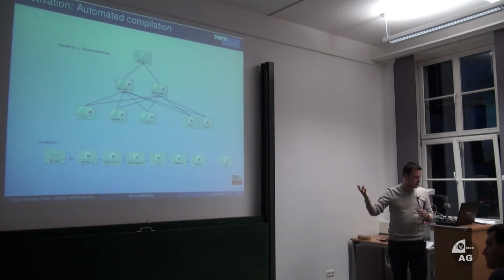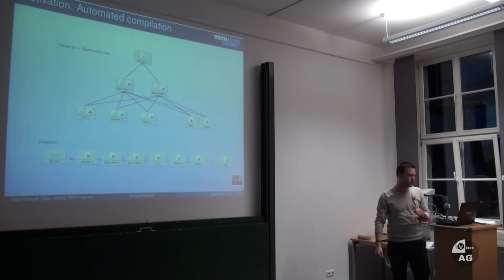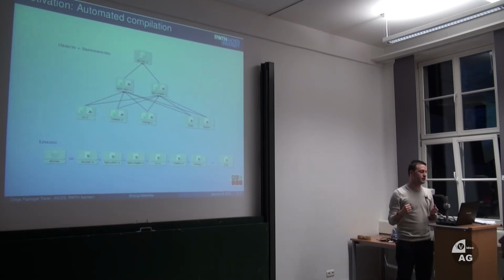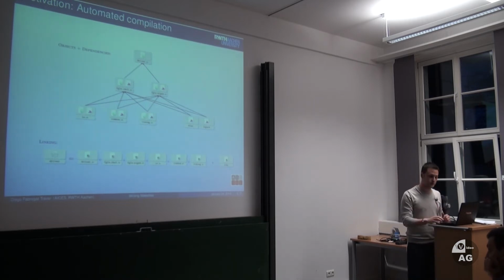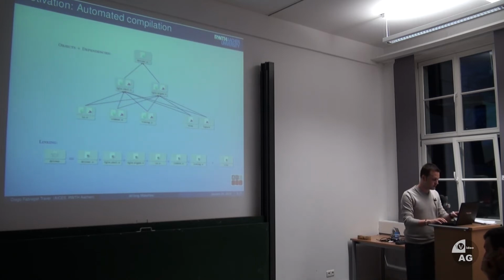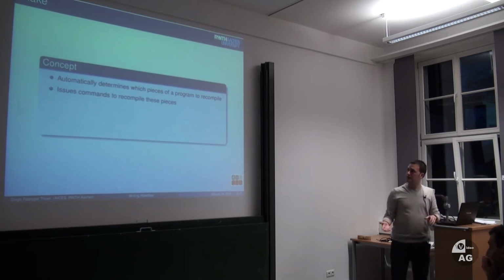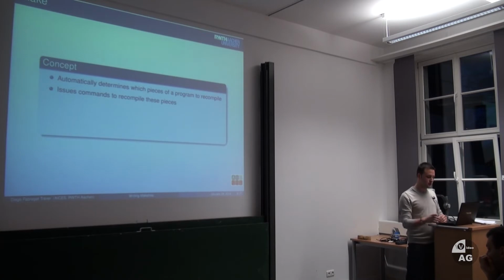So this reflects the dependencies that make will build, and depending on what you modify, you will decide whether you need to recompile just one or two files, or you need to recompile the whole thing, and it will do it automatically so that you don't have to remember what you need to or not. So as I said, it determines automatically which pieces of a program you need to recompile. It issues the commands to recompile them in general compilation.